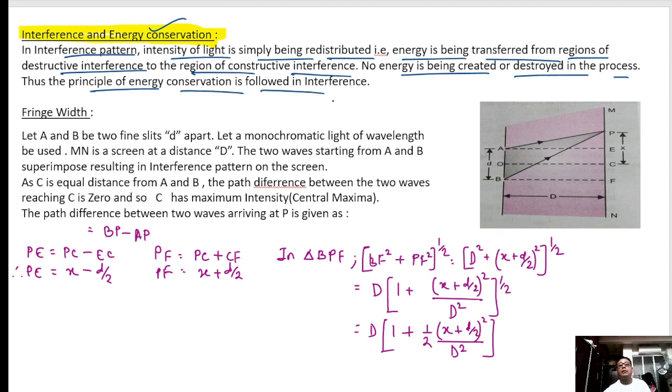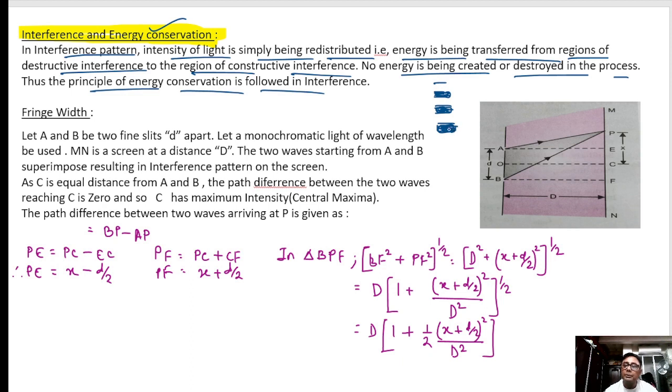When we talk about the dark band, on the screen we are seeing this is the bright band and this is the dark band. Again there is a bright band and a dark band. So the question is, in the dark band there is no energy, so is the energy in the dark band destroyed?